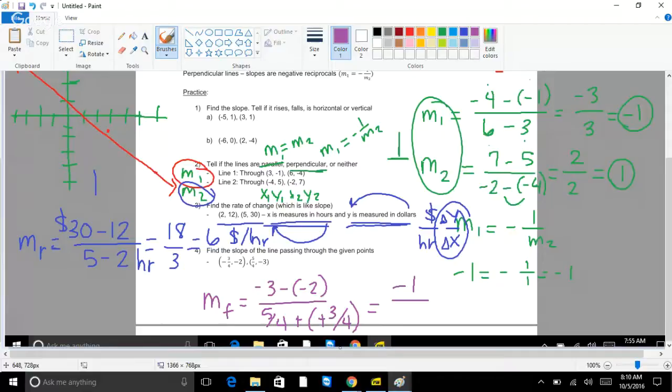So 5/4 plus 3/4 is 8/4. We don't really like fractions in the denominator like that, but thankfully 8/4 is just 2. So my slope of these lines is -1/2. Just because you see fractions doesn't mean that you have to do anything fancy with that.